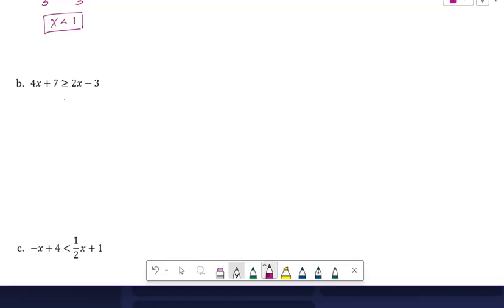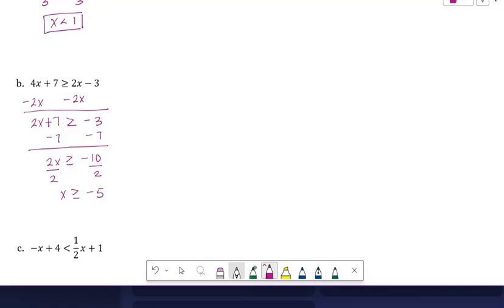So instead, I'm going to move the 2x over to the left by subtracting 2x on both sides. And then I will subtract 7 from both sides. And then I will divide by 2. So we're getting that x is greater than or equal to negative 5.